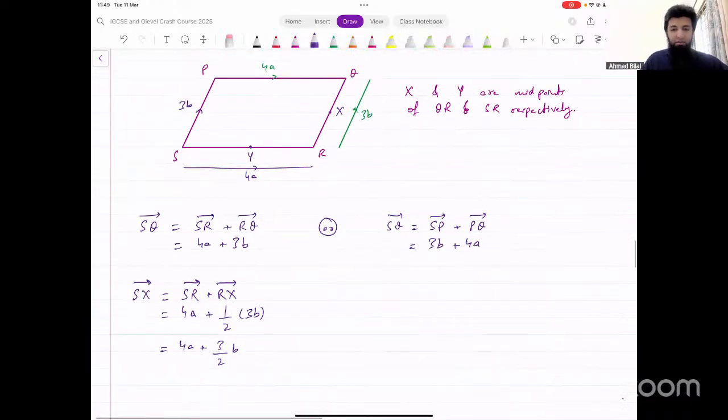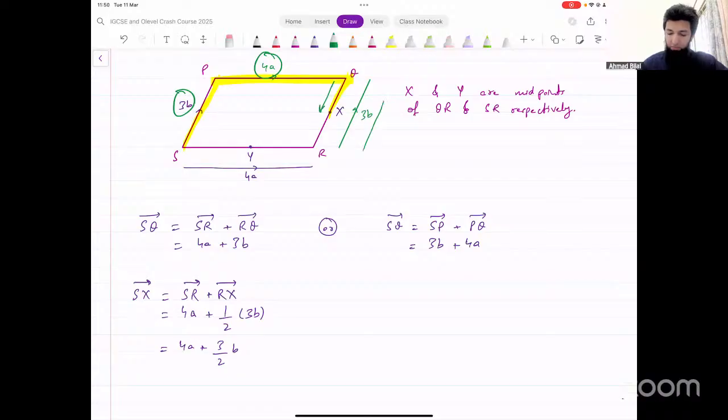Now, you can think of another path to follow on this diagram as well, and that will give you the same result. That might be a bit longer, but that's also possible. You could go from S to P, and then from P to Q, and then from Q to X. That will give you the same vector at the end. So you would do 3B plus 4A, and then QX, what would that be? It's in the opposite direction, number one, right?